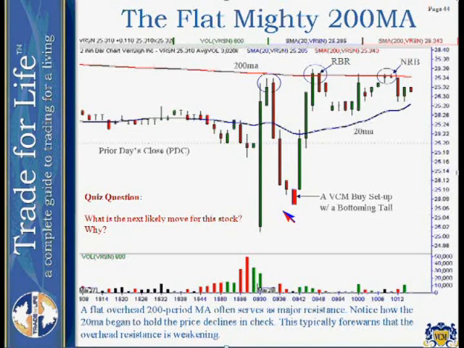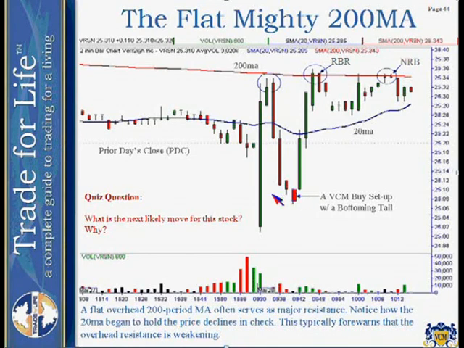Now, what happens? Retrace a little bit. Uh-oh, it might be here. It's coming. Get ready. Retrace a little bit more. Uh-oh, get ready, get ready. Boom, bam! Enter, stop under the low.